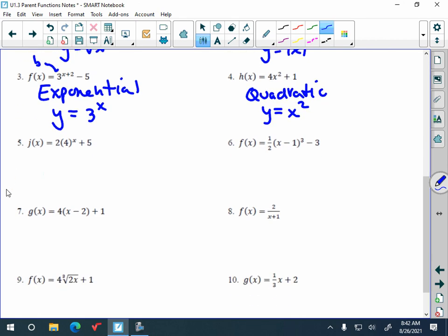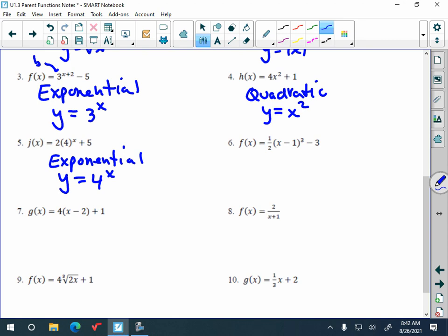All right, number 5, there's an x in the exponent, so this is exponential again. And its parent function would be y equals 4 to the x. So the number that's next to the exponent is your base number, they call it.